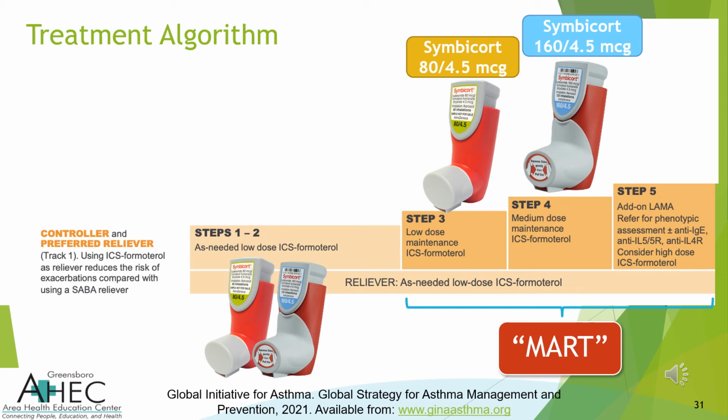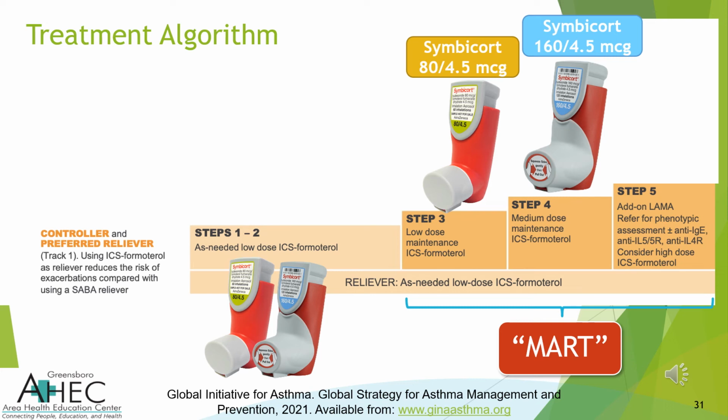So that means that if you want to use a different inhaled corticosteroid and long-acting beta agonist or triple therapy, you should not use the ICS-Formoterol reliever, and instead the patient should be transitioned to a short-acting beta agonist reliever like albuterol.